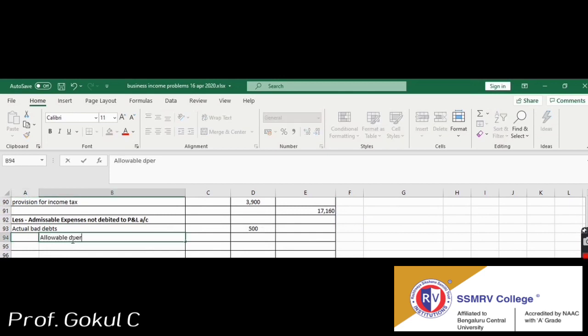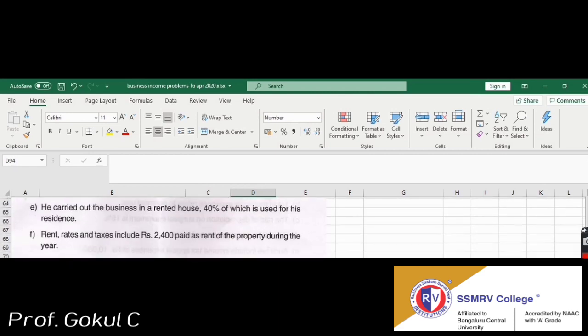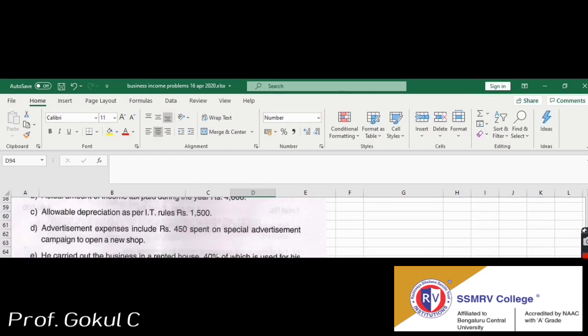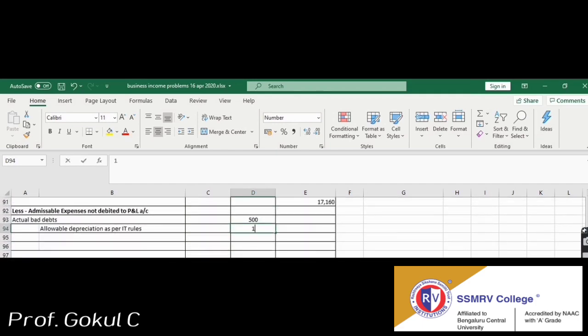Allowable depreciation as per IT rules is how much? Allowable depreciation as per income tax rules is 1,500 rupees. So add 1,500 here.